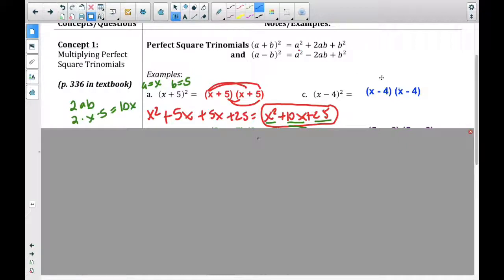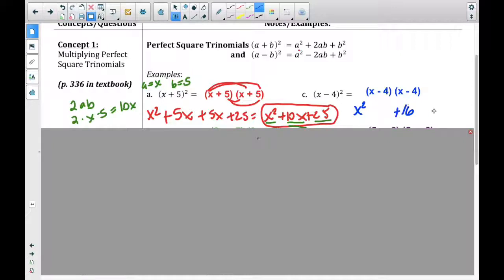Again, we could just multiply it out, which we all know how to do, but let's try to do it with the rule instead. What the rule says is you take the first term and you square it. That's x squared. Then you go to the last term and you square it. Notice that these are both pluses. The only thing that has a minus in it would be the middle term.